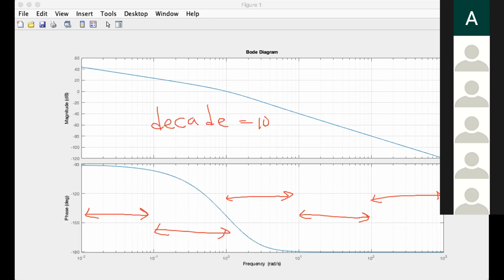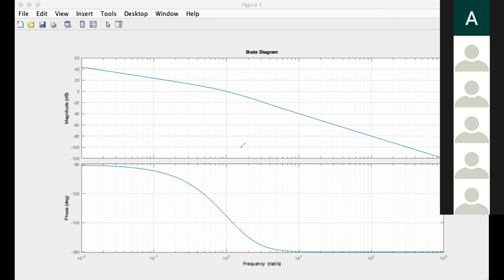Paham? 2.2 multiplied by 10, 22. My age is 5.5 decades. So what is my real age? 55. 55 years old. So you must understand the concept now.